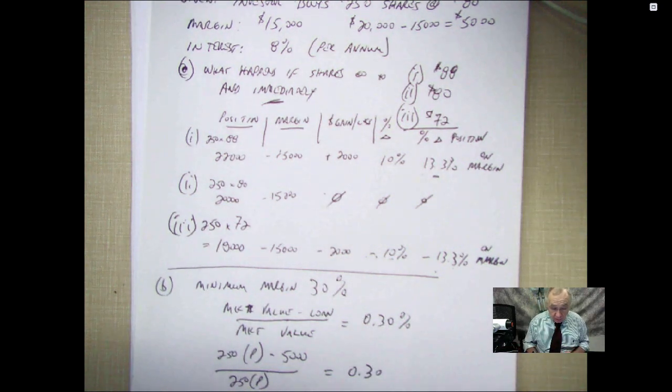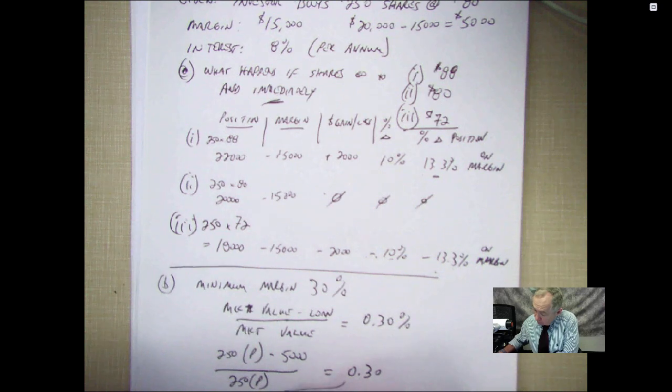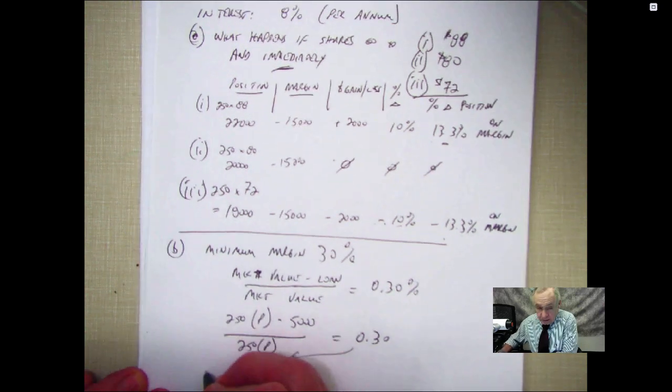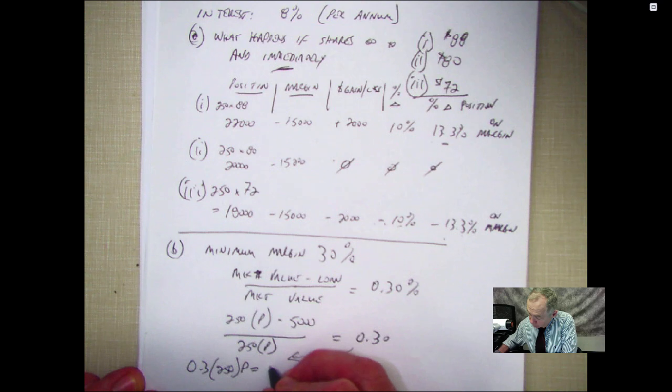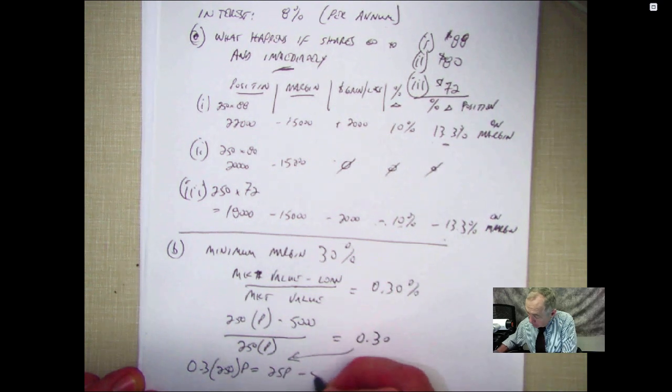So multiplying that through, 0.3 times 250P is going to equal 250P minus 5,000.